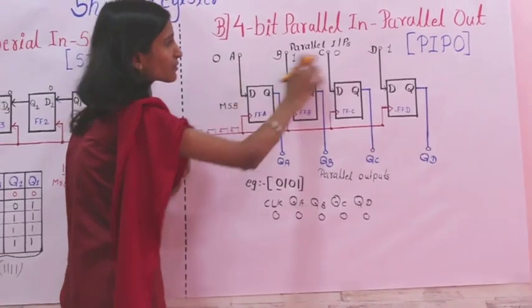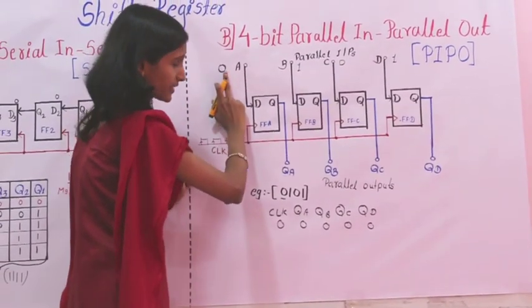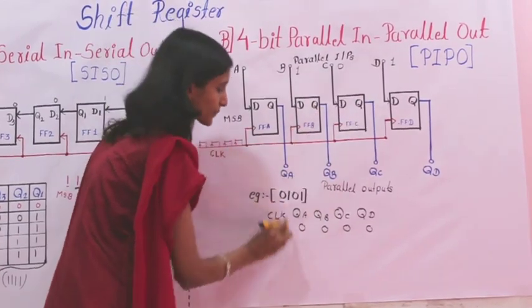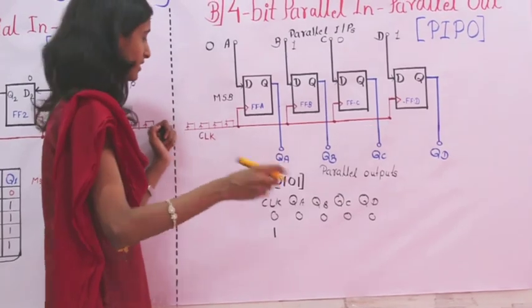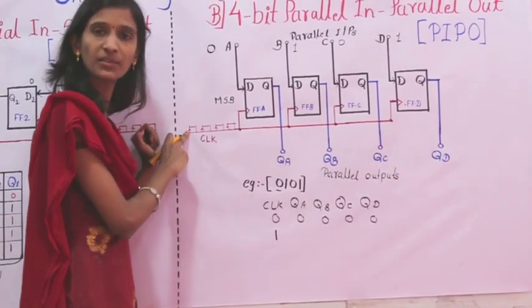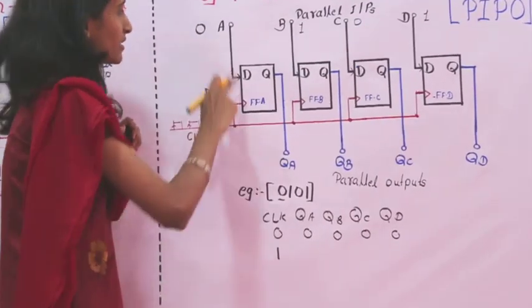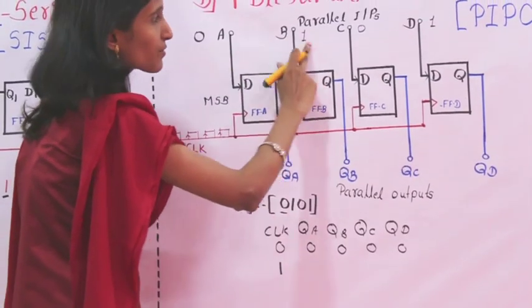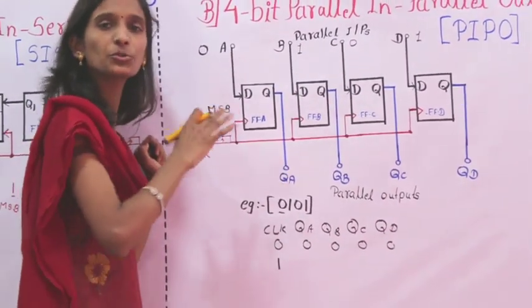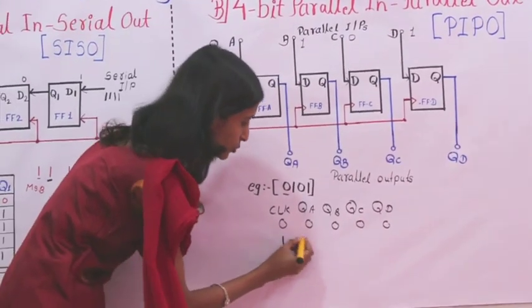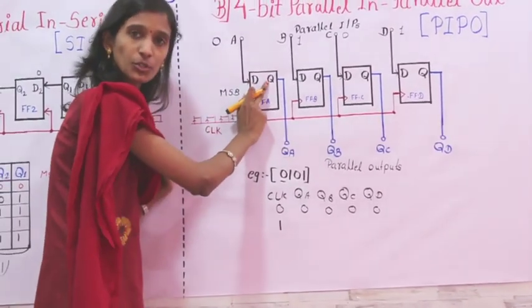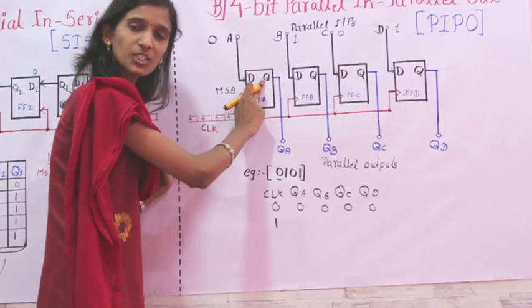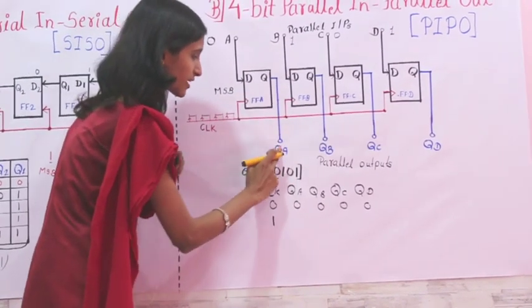But if I give this data 0, 1, 0, 1 with the clock pulse going high, that is, the rising clock pulse, the data is given to the flip-flops and reflected in terms of Q, which is the output of each flip-flop. This Q is taken out.